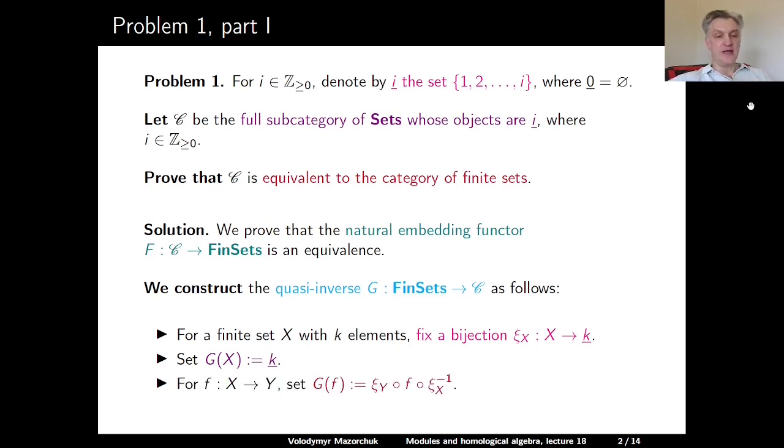And for any function f from X to Y, the value of G at this function f is the following function from the cardinality of X underlined to the cardinality of Y underlined. The function is the composition which starts from psi sub X inverse, then f, and then psi sub Y.